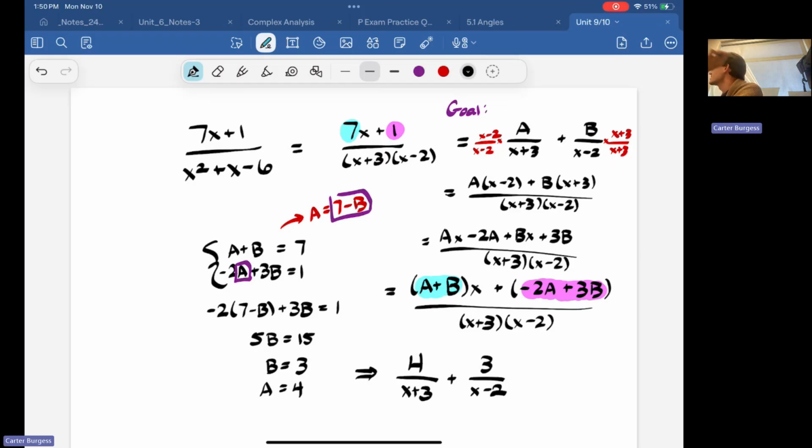All right. This is our most basic case here, where we have nice, clean linear factors and are able to do the decomposition pretty readily. So that one's not too bad.